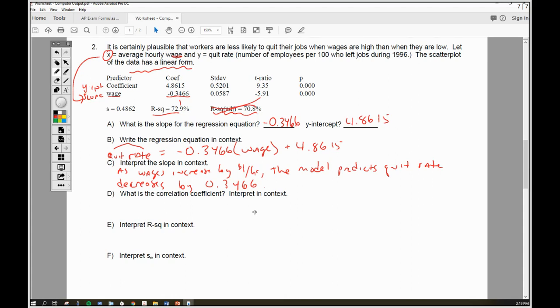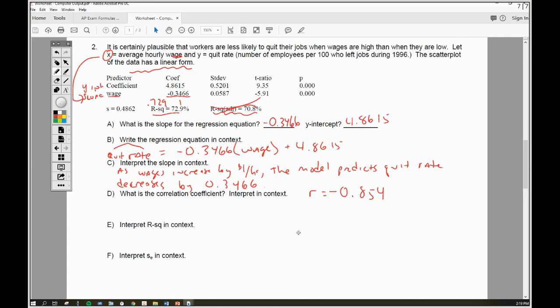So we change R squared to 0.729, and I'm going to take the square root of 0.729, and I get 0.854 when I round. But I got to decide, because I took the square root, is it positive or negative? Well, the R value, the sign on it, is always going to match the sign on our slope. And since our slope is negative, our R value is going to be negative.